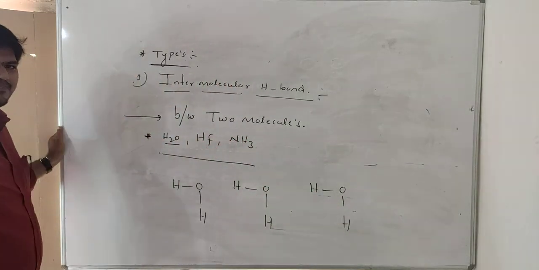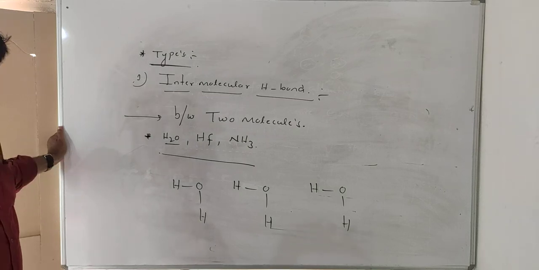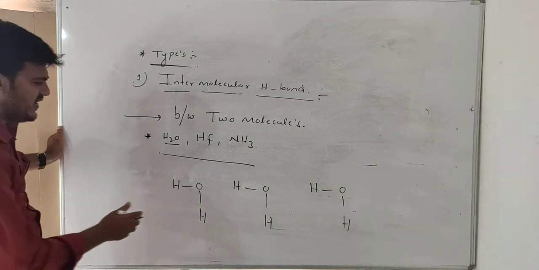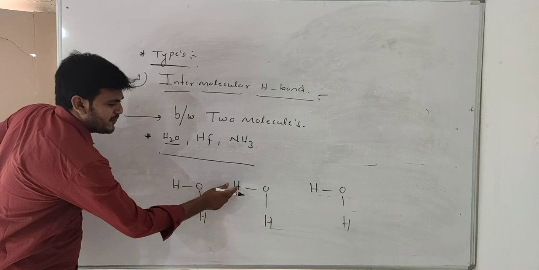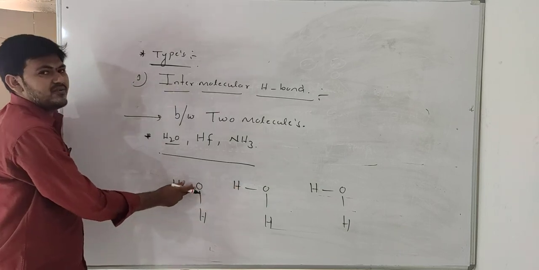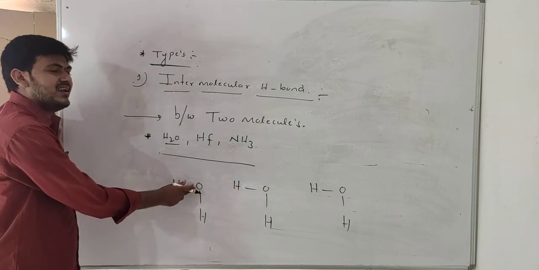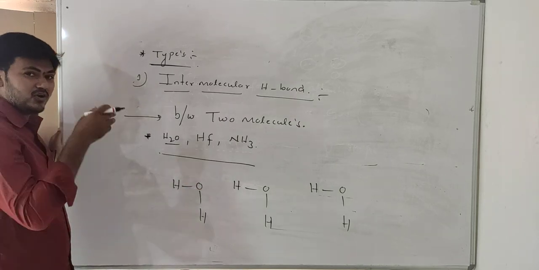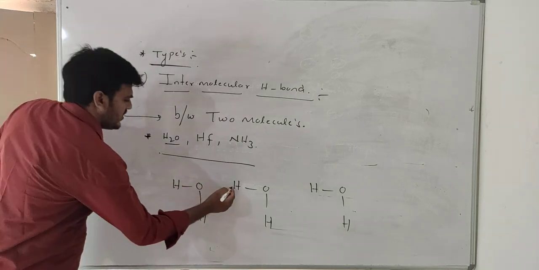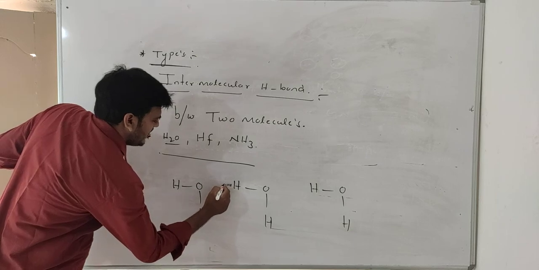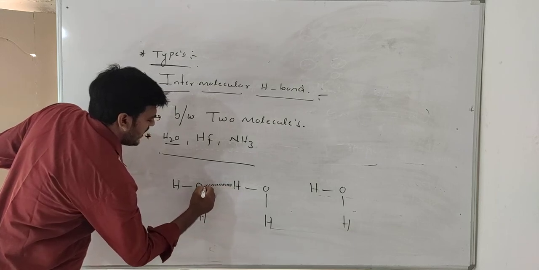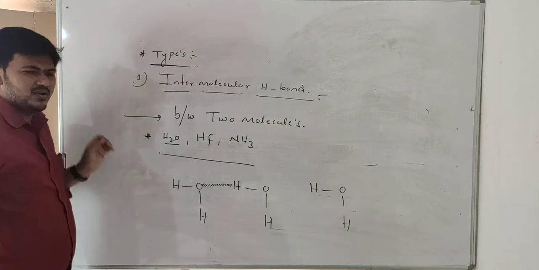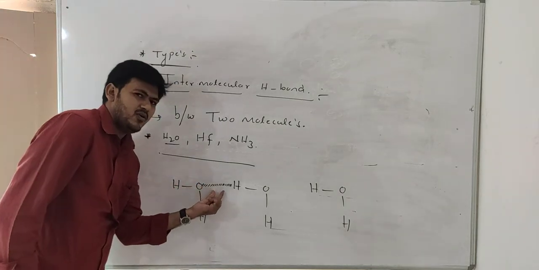Hydrogen bond means the weak electrostatic force of attraction between a hydrogen atom and a more electronegative atom like fluorine, oxygen and nitrogen. Oxygen is one of the more electronegative atoms. So between the hydrogen atom and the oxygen atom, this is the hydrogen bond.